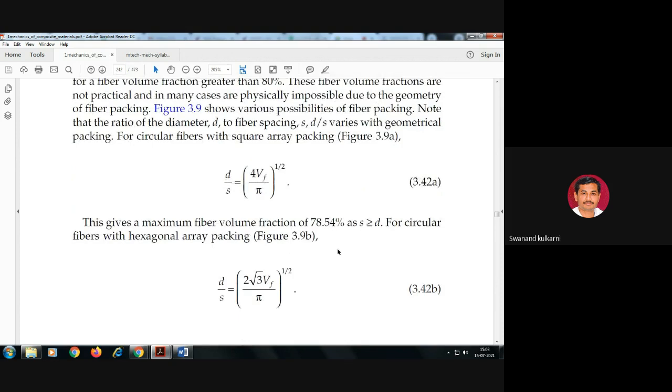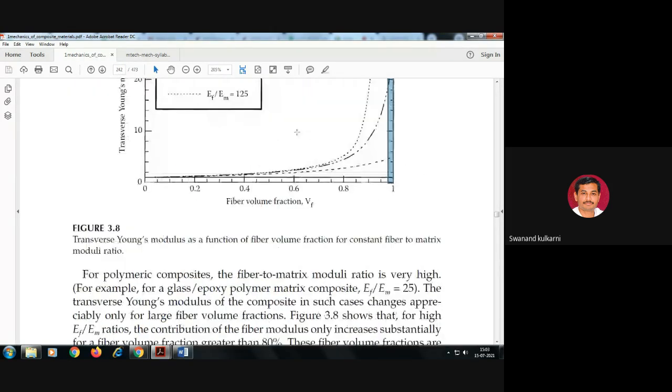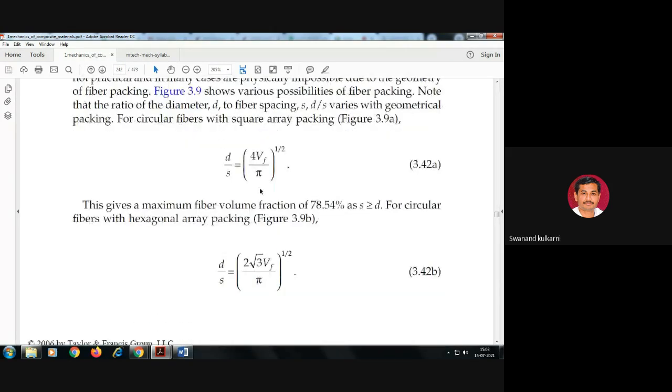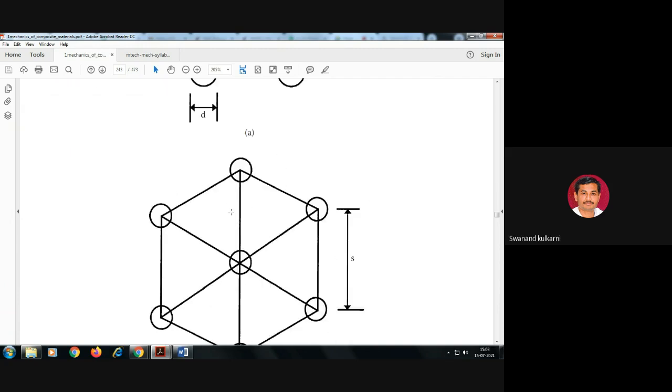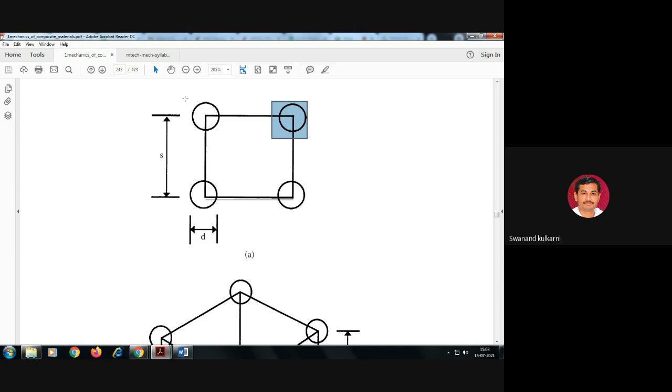The ratio of diameter to fiber spacing is like this. Now one more thing we are taking into consideration is fiber packing. Fiber packing refers to how the reinforcement present inside the matrix is placed. So we can understand the difference between this figure and this figure.